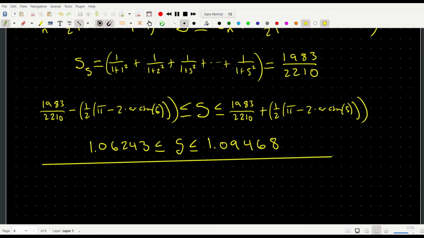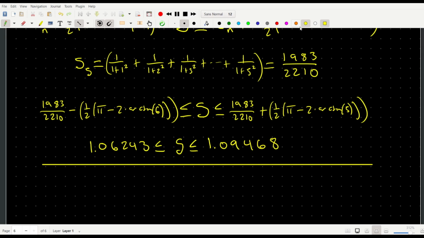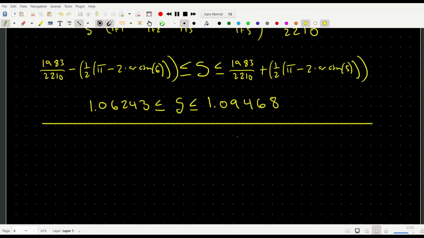And while it's not always possible to go through and obtain the exact value of a given infinite series, for this series, we can go through and check how this is doing.